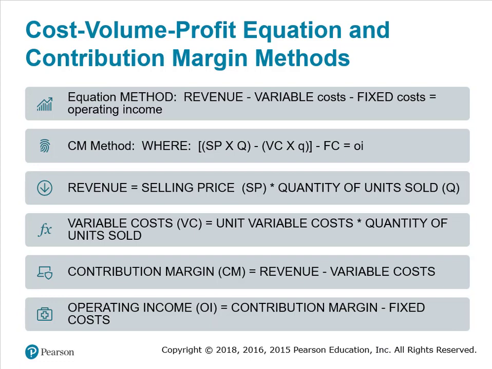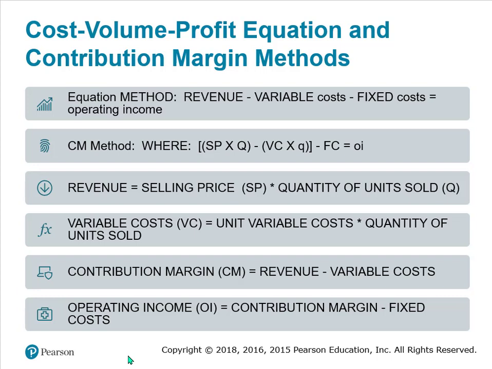If we dissect the basic equation, it helps to emphasize the relationships between the elements, and understanding of the relationship will provide a greater understanding of the concepts that follow, such as break-even. We can look at these relationships in three different ways. The equation method and contribution margin method are two of the three methods, and you'll see them on this slide, and then we'll discuss the graph method a little bit later.